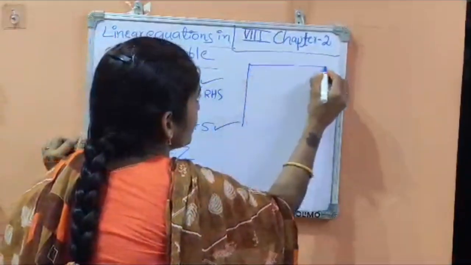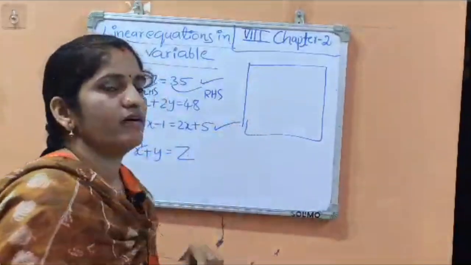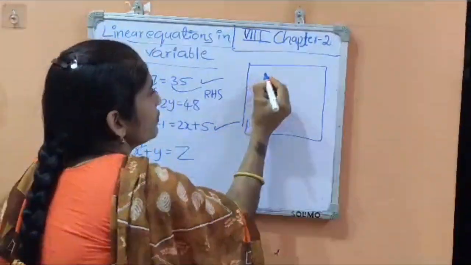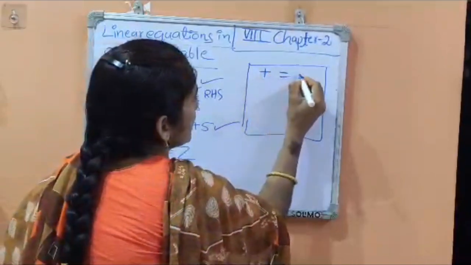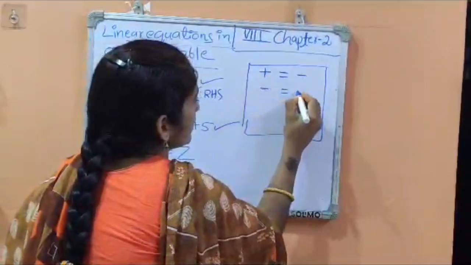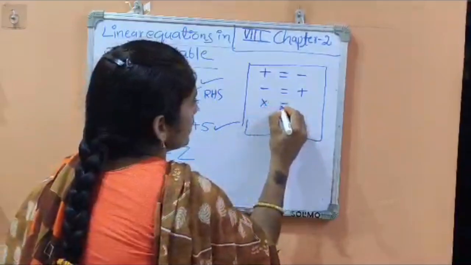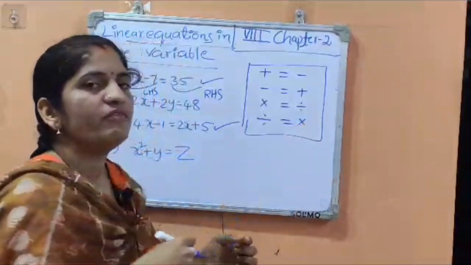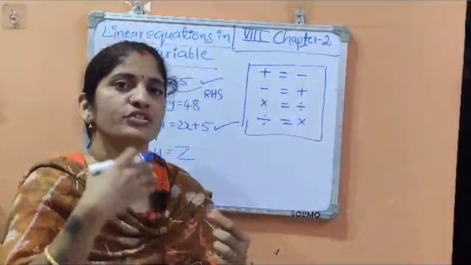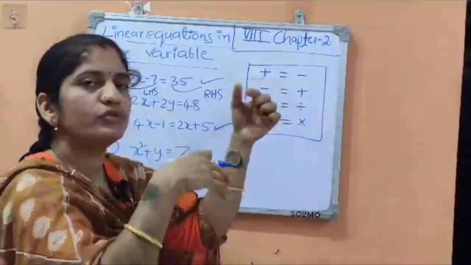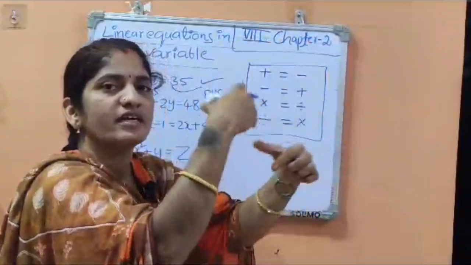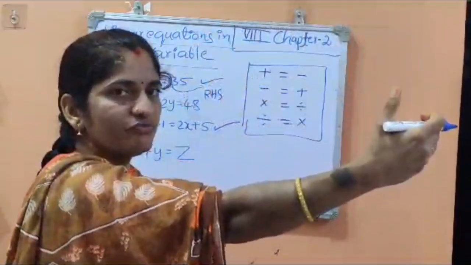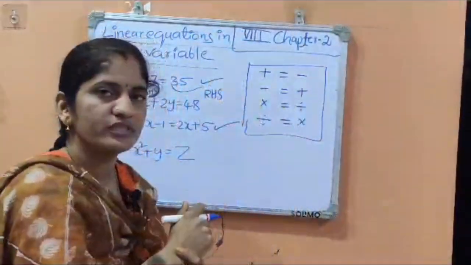For this we are going to use major techniques. When we transfer or shift a positive term to the right hand side, it converts to a negative term, and a negative term by transferring converts to a positive term.